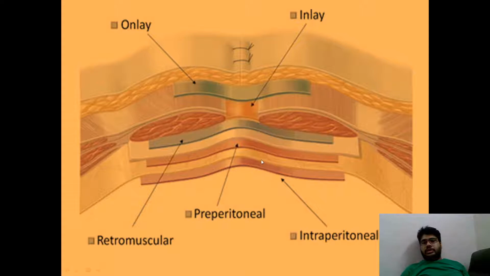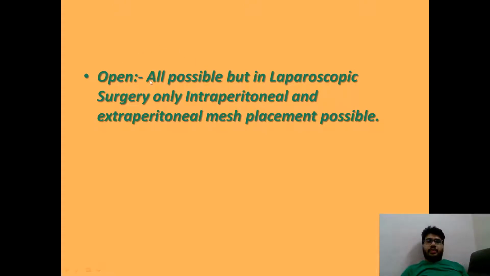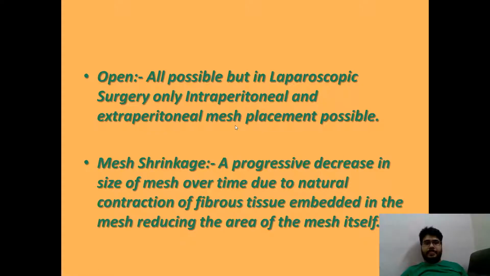So here it is not exposed to bowel. Now in open surgeries all the possibilities of putting a mesh can be there, but in laparoscopic surgery only intraperitoneal and extraperitoneal mesh placement is possible.